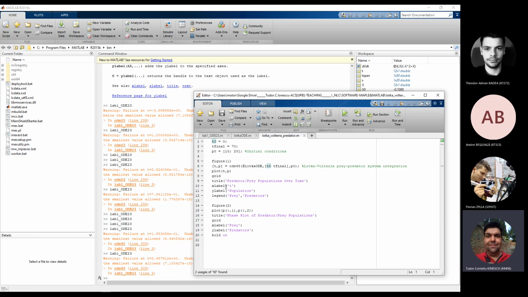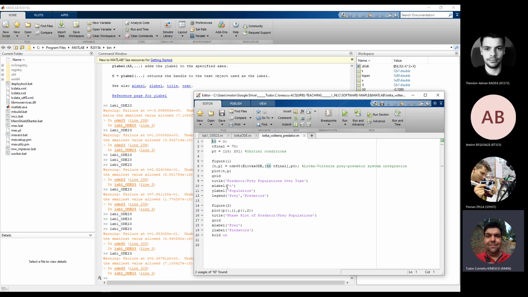And here we just numerically integrate using ODE45. This is the syntax for numerical integration. And then we just plot the solution P of t.